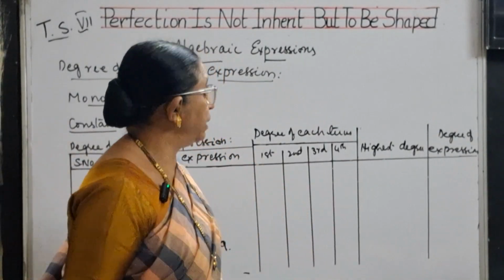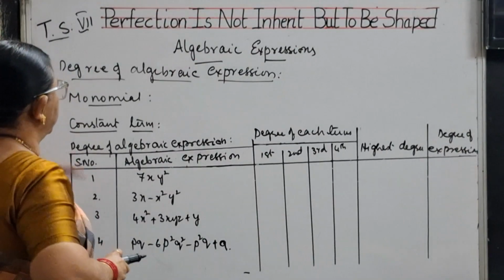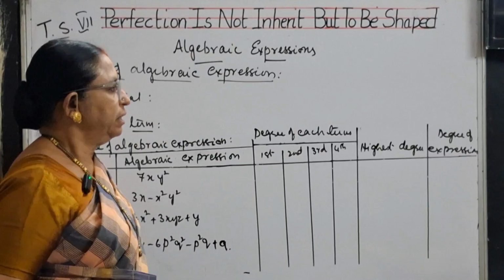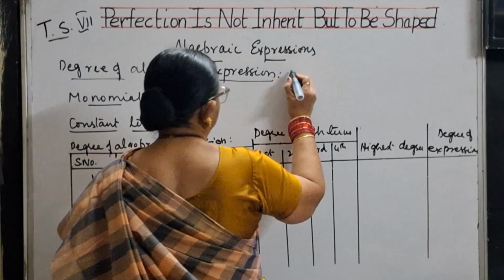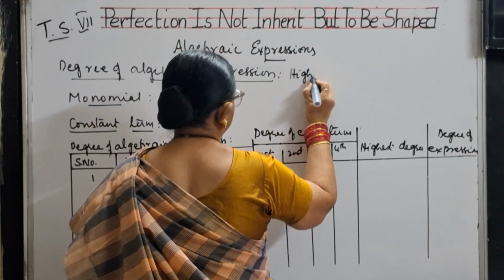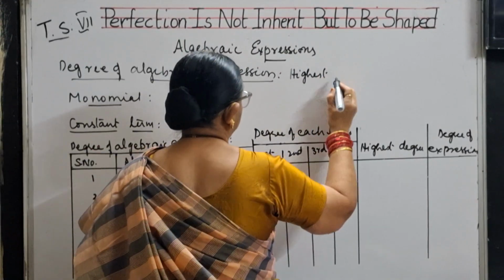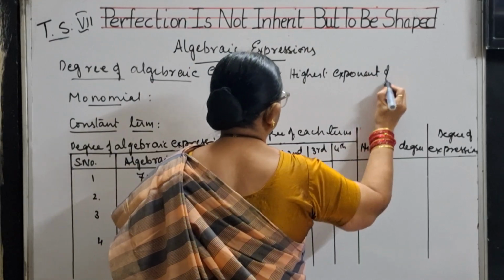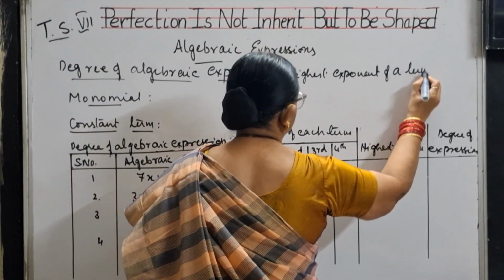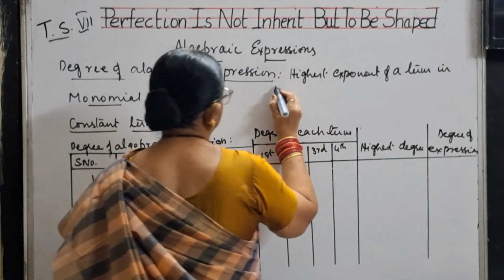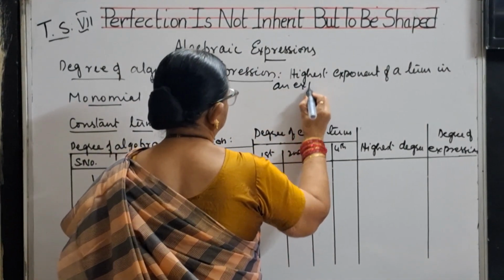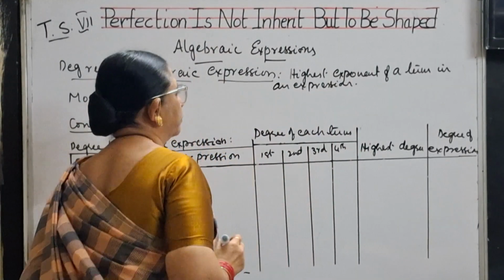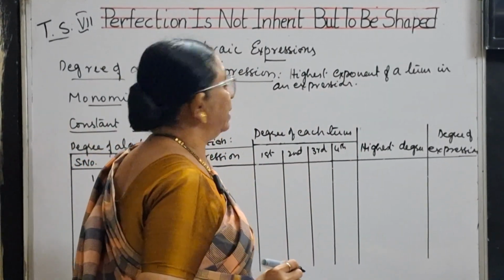Now we will see degree of the monomial and degree of the expression, children. For any expression, how do you find the degree? Degree is nothing but the highest power or highest exponent of a term in an expression.